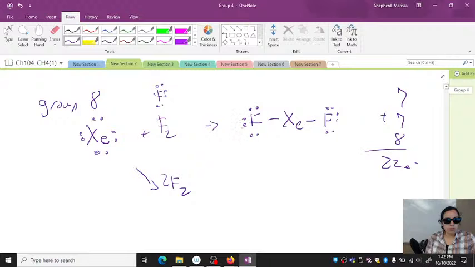So 1, 2, 3, 4, 5, 6, 7, 8, 9, 10, 11, 12, 13, 14, 15, 16. Then put the remaining ones on your group 8 one, or whatever your central atom is, and see how that looks. So 16, 17, 18, 19, 20, 21, 22. And so that looks good.